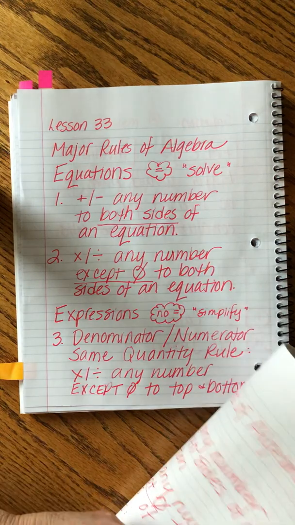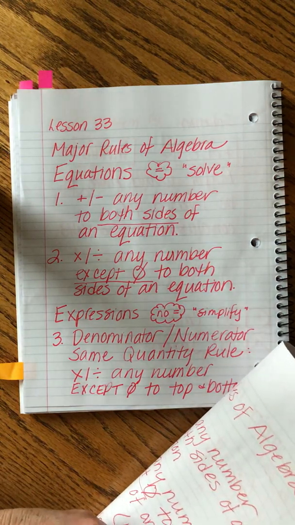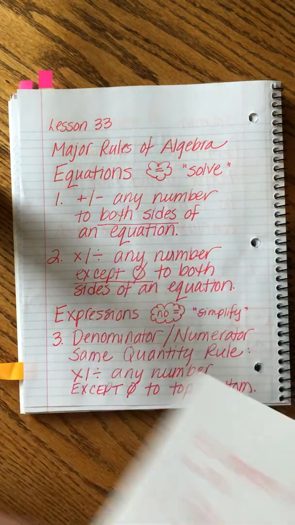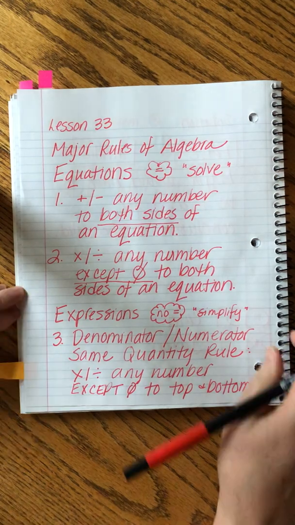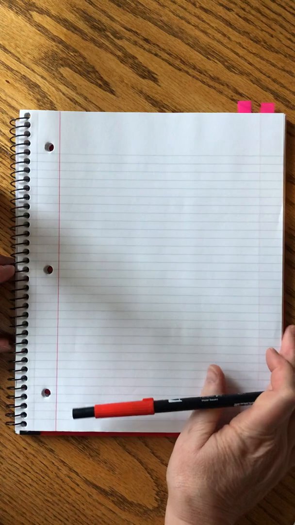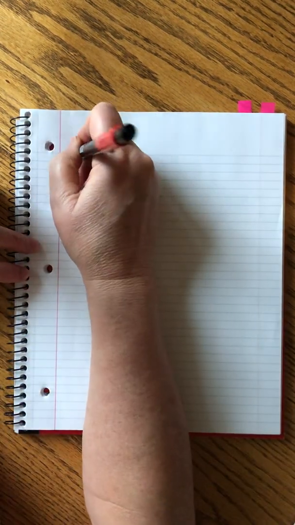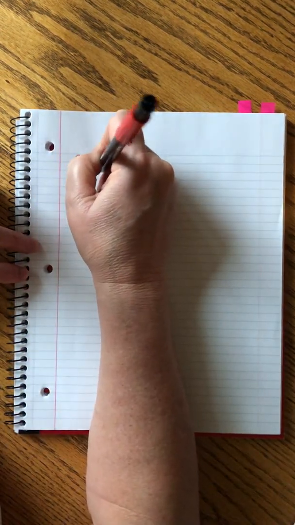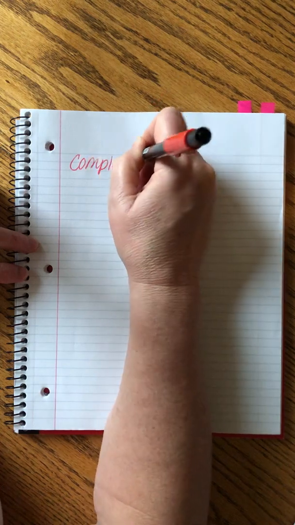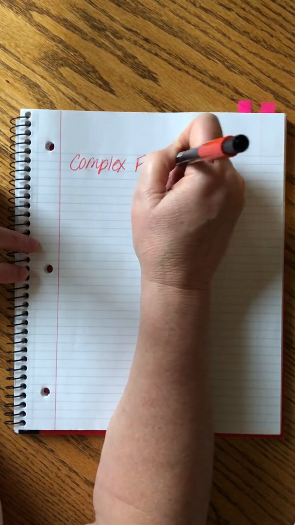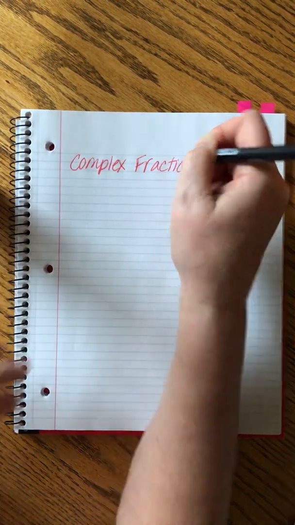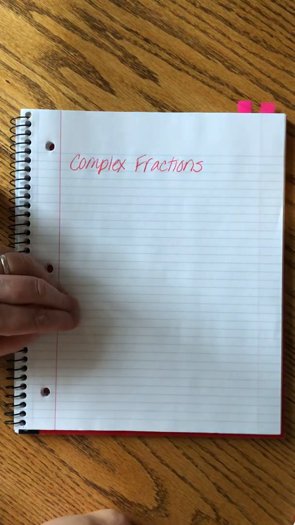Okay, so, excuse me, I'm fumbling around with my pages. Let's turn to the second part of this lesson and do some complex fractions. Complex fractions are a perfect illustration of the third rule of algebra.